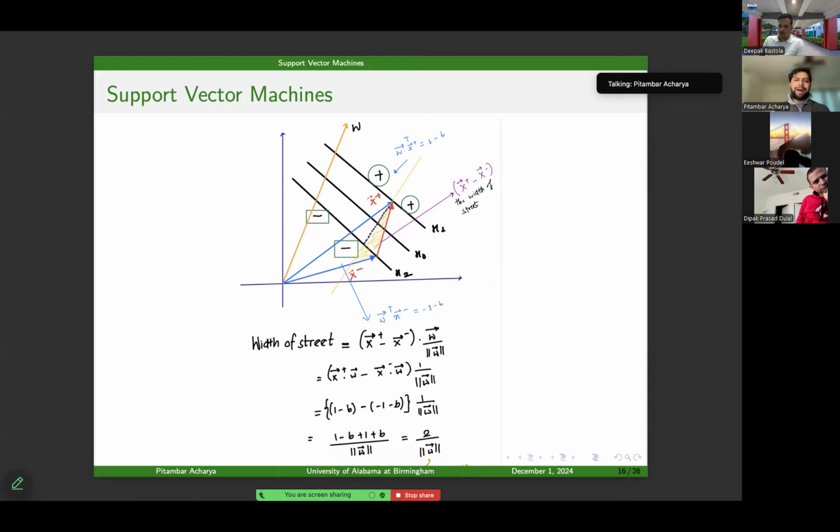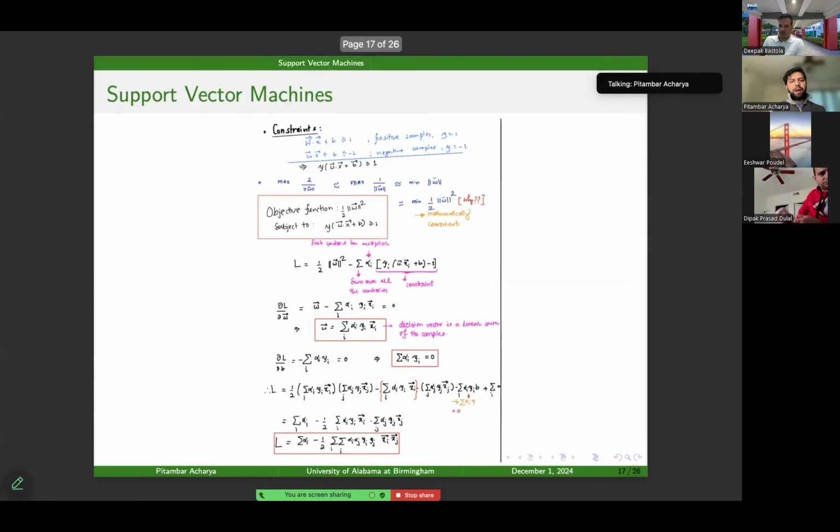In order to optimize the width of the street, the optimization function is 2 over omega. Maximizing 2 over omega is equivalent to maximizing 1 over omega, which is equivalent to minimizing the magnitude of omega.